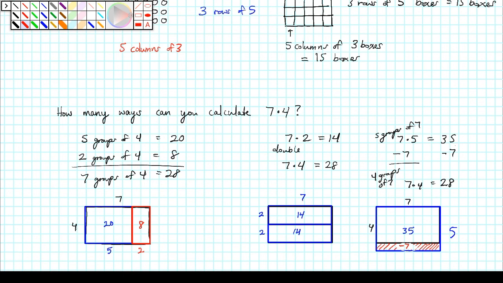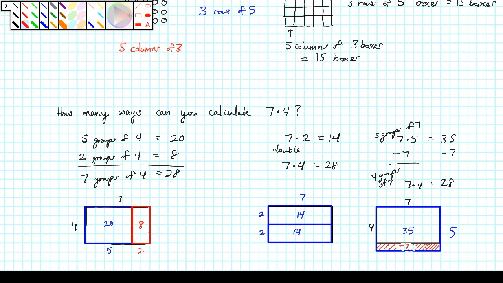And I see a lot of people getting stuck on 7 times 4, which is one of the reasons that I brought this up. But if there's any of these that you get stuck on, take a moment to pick out that one multiplication and draw some pictures and think about how many different ways can I think about how to multiply those two numbers?